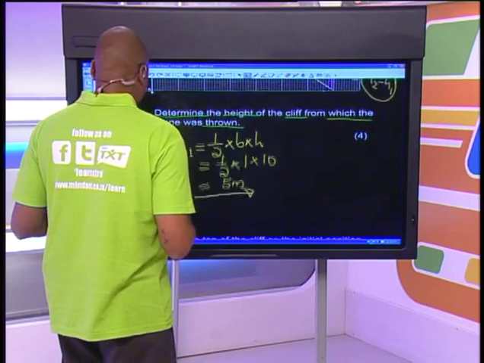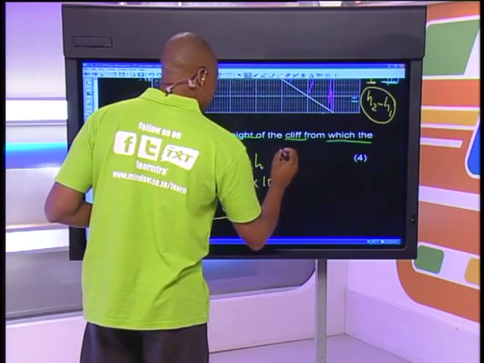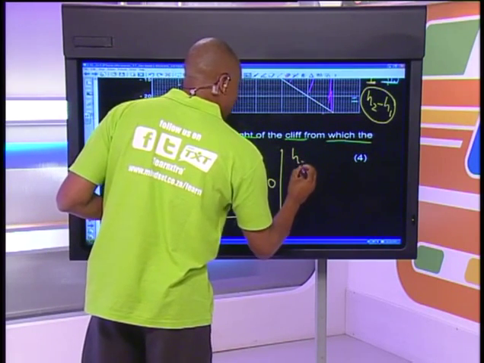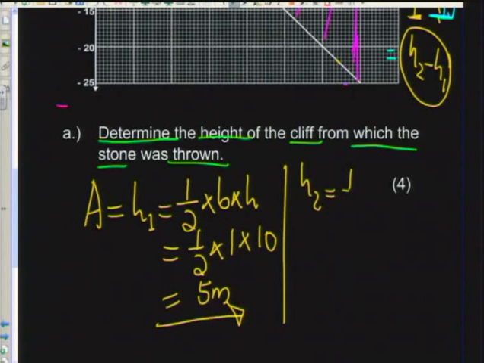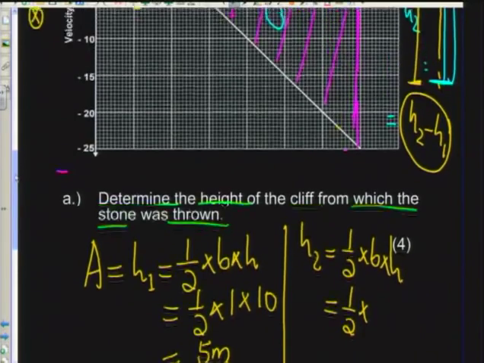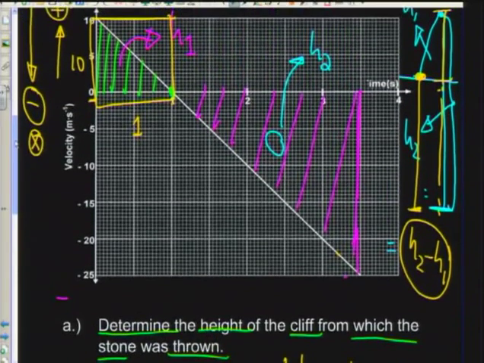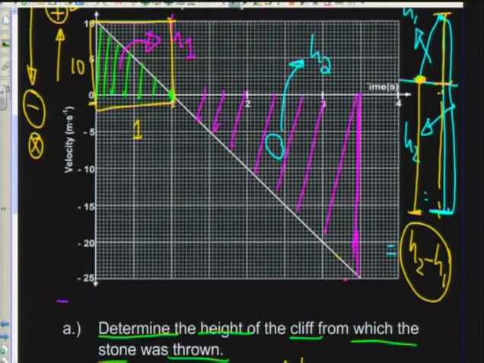Now, height 2, on the other hand, it is again a right-angled triangle, so it will be half base times height. So half times, what is the base for our next triangle here? The H2. It is from here. Let me use a different color here so we see what we're talking about.